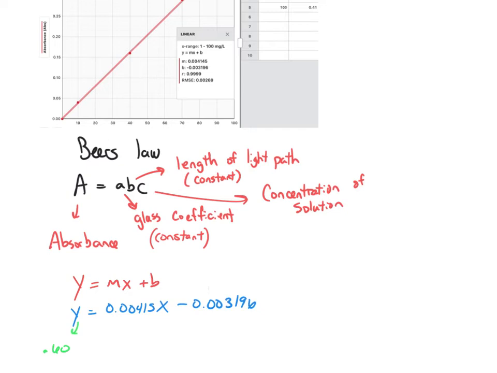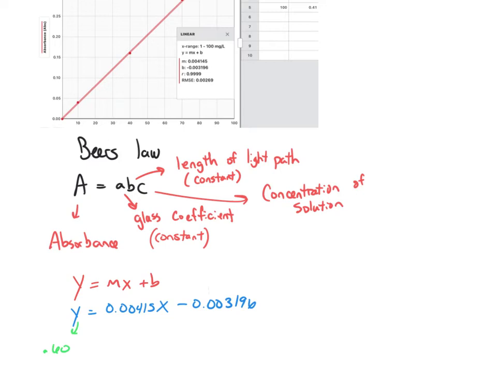Now that is actually more than my largest example, but this can work to extrapolate as well. Let's say your absorbance was higher than one of your 5 trials, but that's okay because you know that this relationship is 100% linear. And so even if you go past your highest data point, you can trust that the concentration that you calculate is 100% correct.